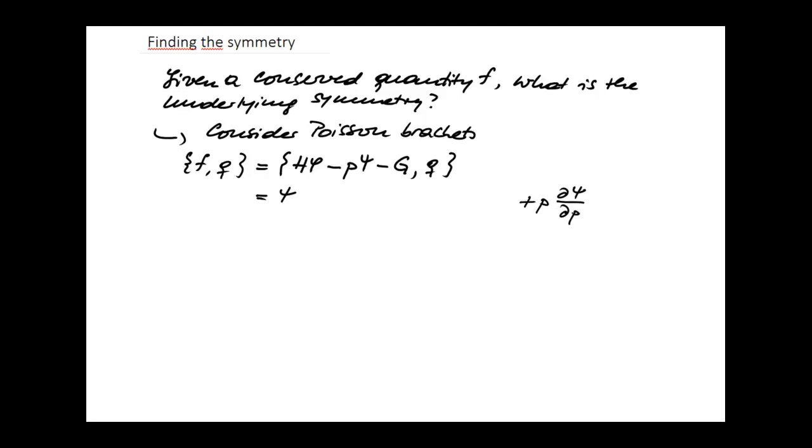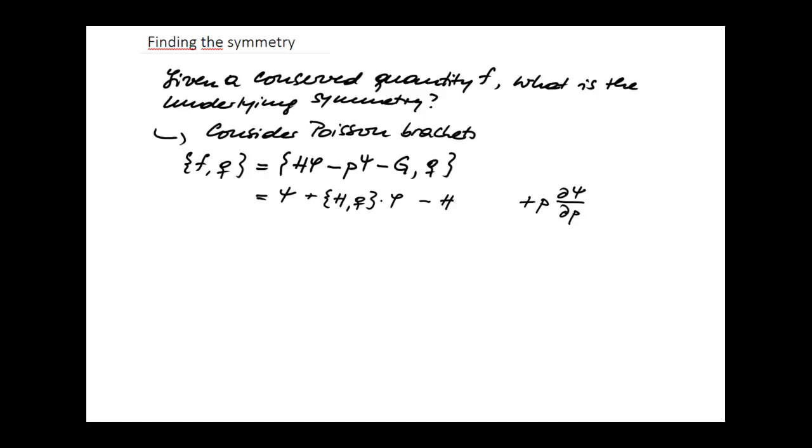Then let me consider next the Poisson bracket of the Hamilton function times phi with q. Again, I can split this in two terms by the product rule. This is first of all the Poisson bracket of the Hamilton function with q times phi, minus the Hamilton function times the Poisson bracket of phi with q.